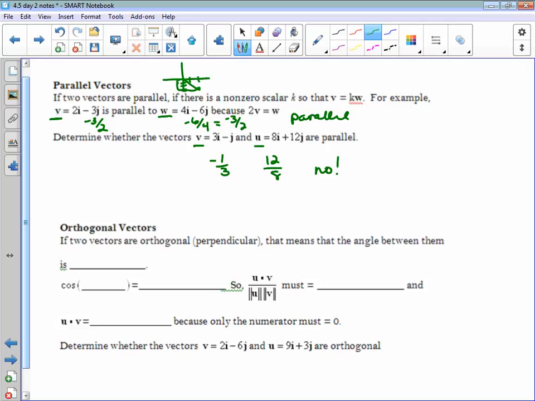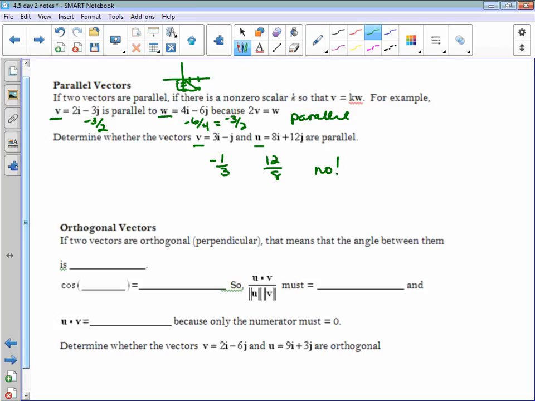Questions on that? Yeah, if they have the same slope. They're not equivalent vectors, but they can be parallel. So you can be parallel without being equivalent.